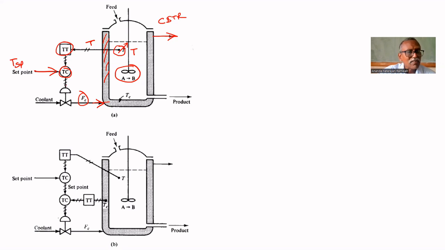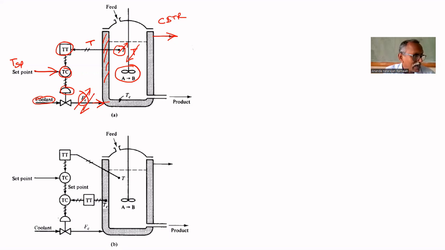A conventional controller will regulate the flow rate of coolant. Suppose temperature increases, then the coolant flow rate will be increased. If temperature decreases, the coolant flow rate will be decreased. That is the idea of control.